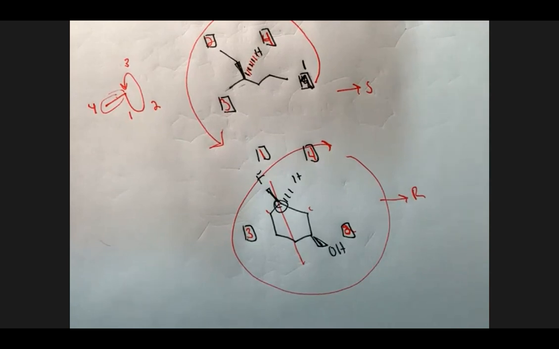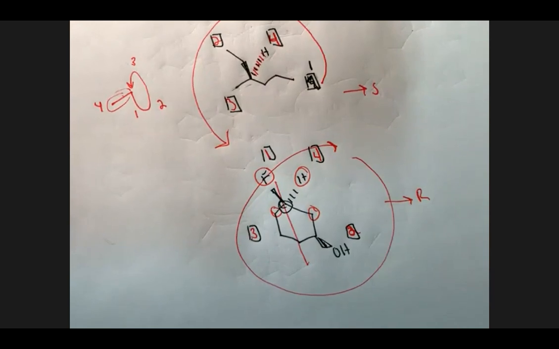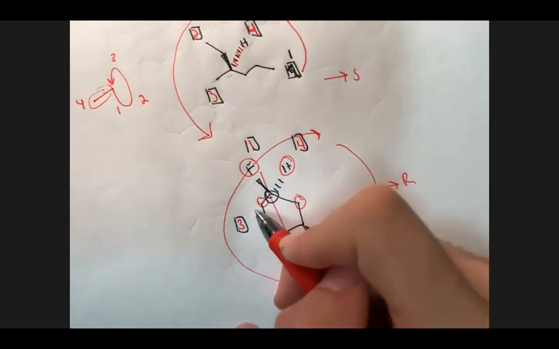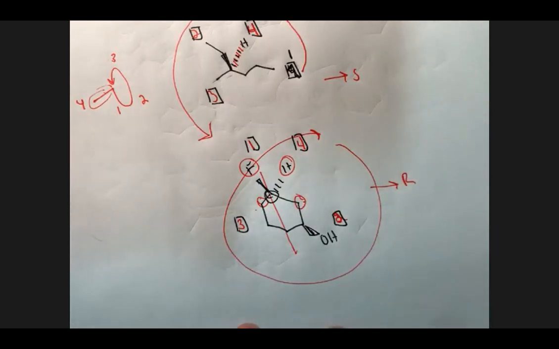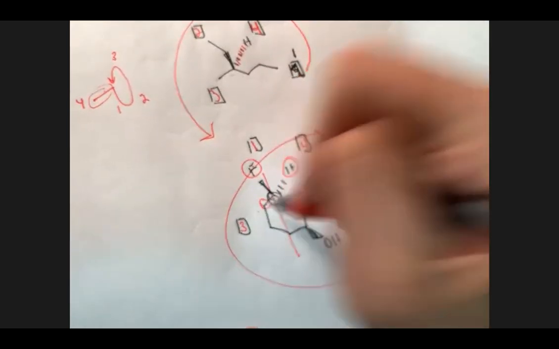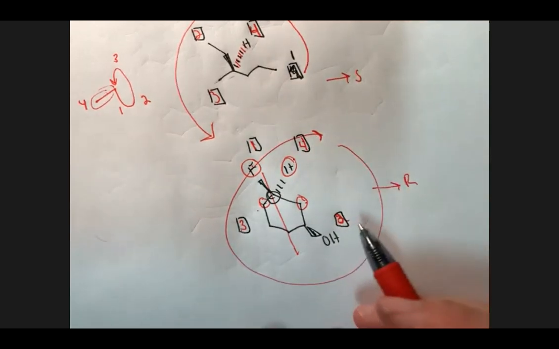The first thing I see is fluorine, hydrogen, carbon, carbon. That's where you start classifying. Out of those 4 substituents, rank by atomic number priority. Fluorine is higher than carbon, which is higher than hydrogen. So that gave me 1 and 4. Then I had to look a little more carefully.